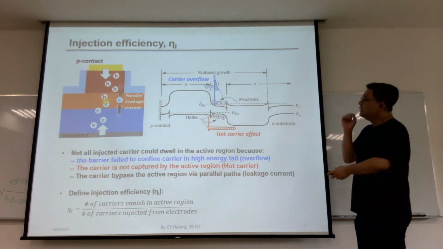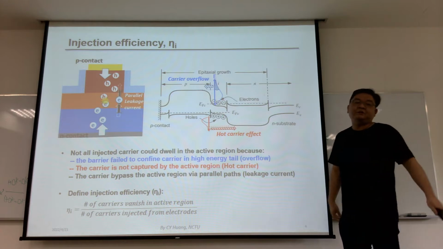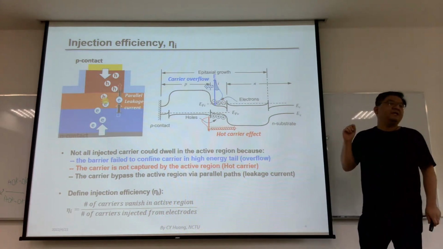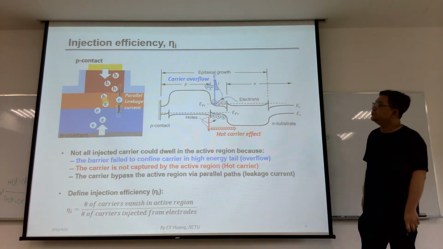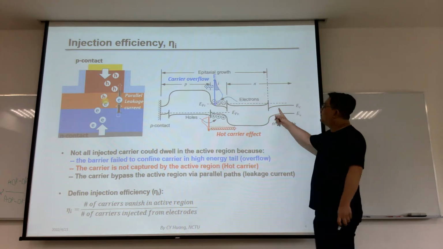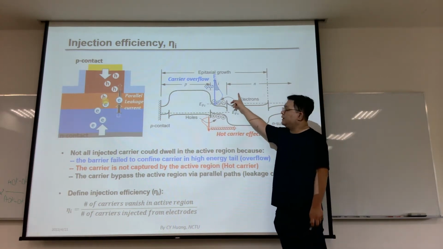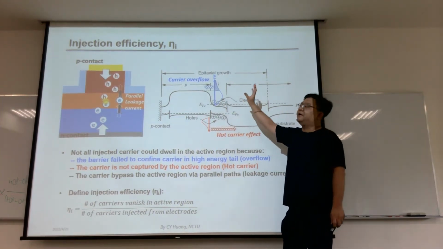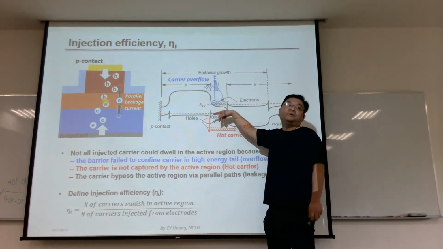Okay, but there are always some defects or some imperfections in the injection. Not all the injected carriers will contribute to light emission. For example, if an electron is injected into the active region, because the temperature is finite, we have a distribution like this for the bulk case.